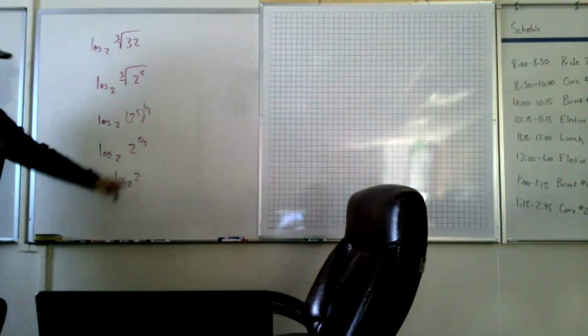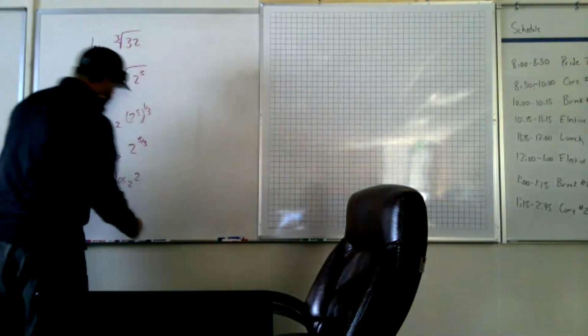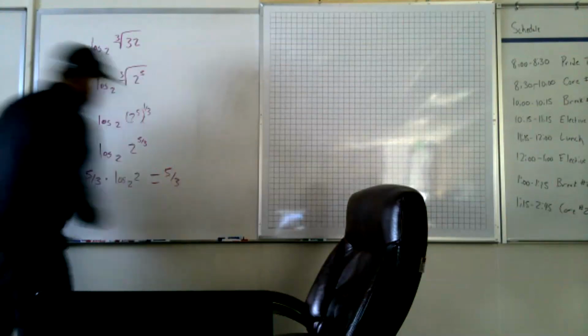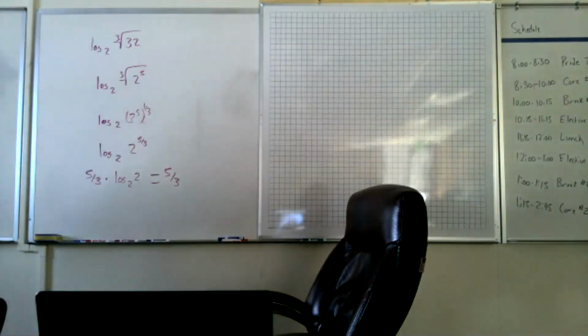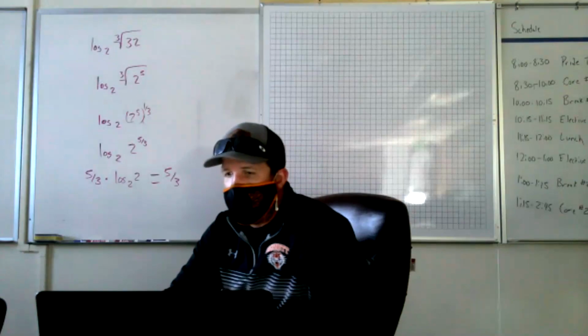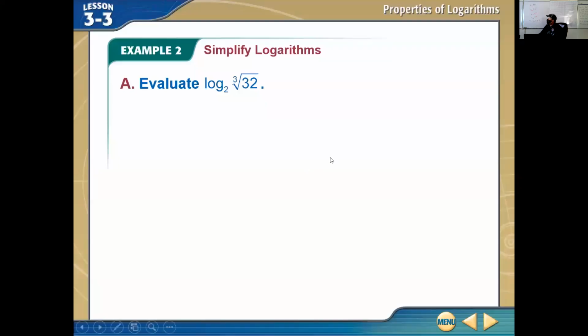Well, log base 2 of 2 is 1. 5/3 times 1 still gives me 5/3. So two different ways I could use it. In either case, I had to get it into a base of 2, and that's why I used 2 to the 5th.